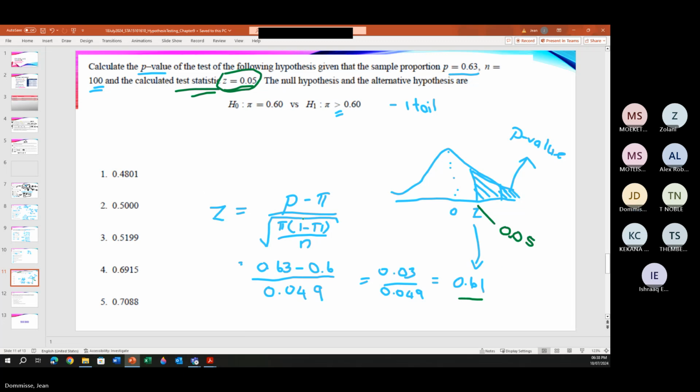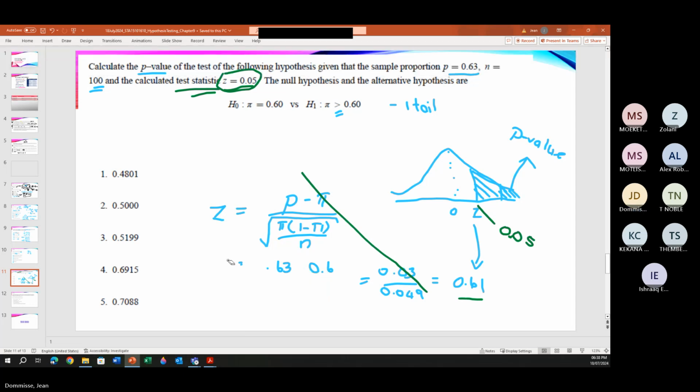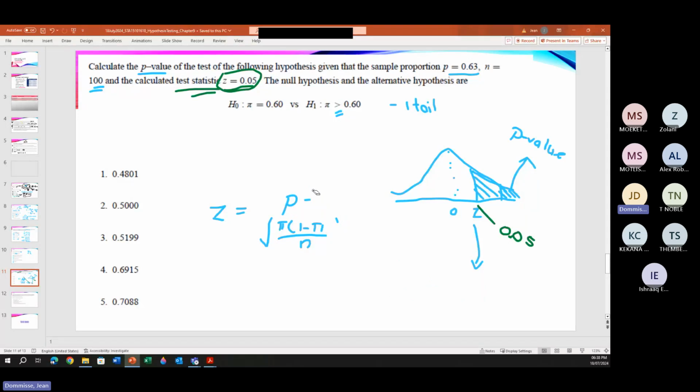So we should not have even done this. And now I get a different answer to what was there. So that's why I thought, what is going on? I didn't need to do any of this, because they've given us the Z value.